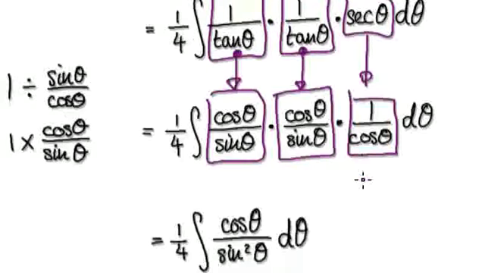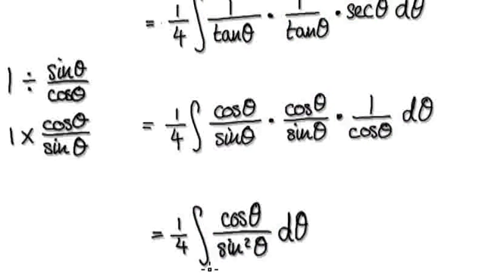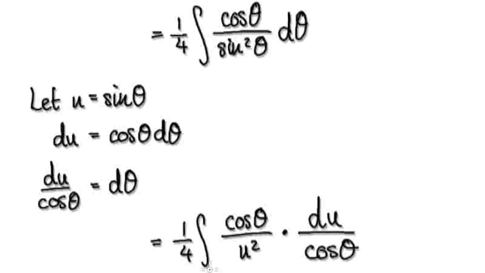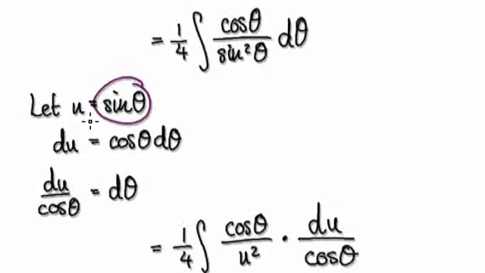So now tidy everything up. This will cancel out with this, leaving you with this. Okay, so now use substitution. To integrate this, let u equal sine theta.